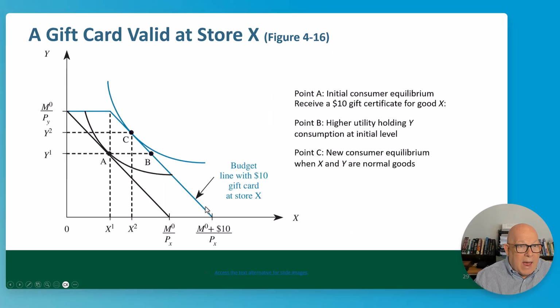The impact of that, if we give them a gift card that's valid at our store, is they'll move from A to C, and they're likely to buy more of X. Now, guess what? They're also going to buy more of Y, because the fact that our line is shifting out to the right means that if we're getting $10 of free goods at X, we have more money left over from our budget that we could also spend on Y. So that's going to help us, but it's also going to help our competitor.